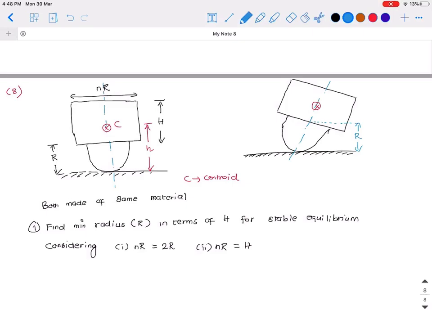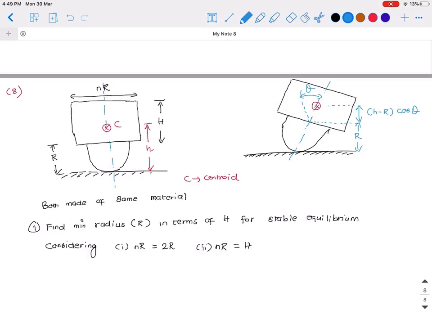Okay, and this distance is h minus r cosine theta. Okay, and this is the value of theta.